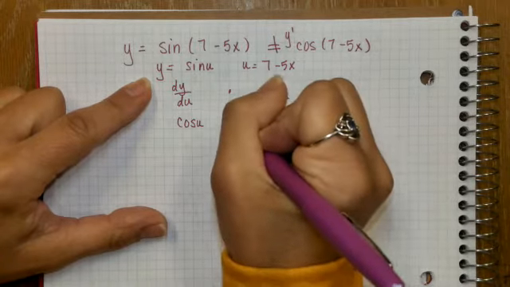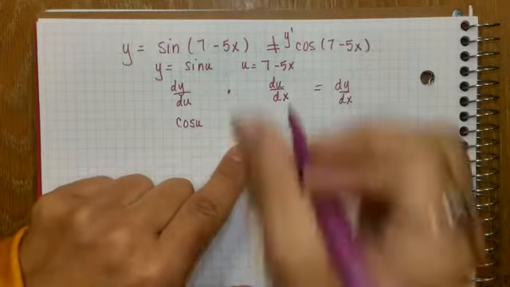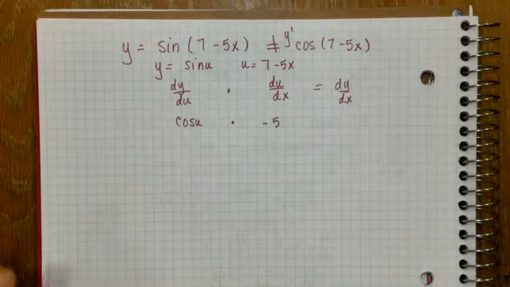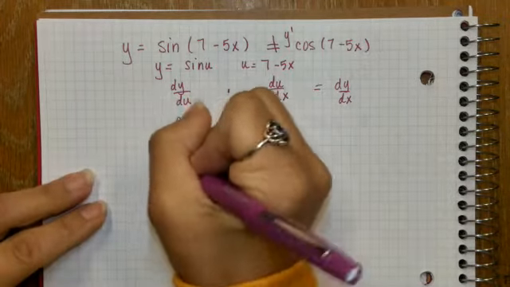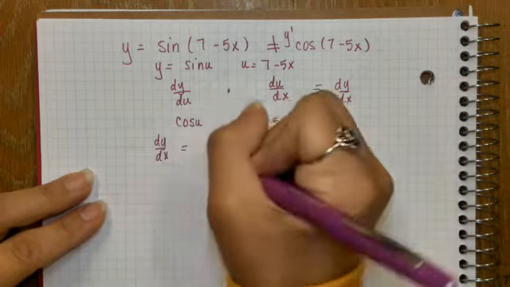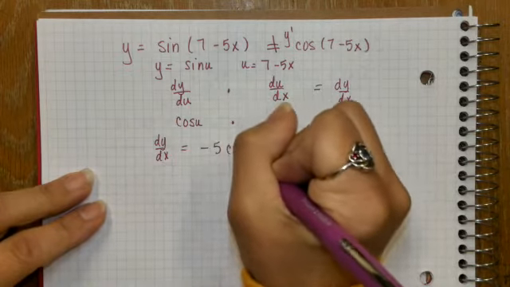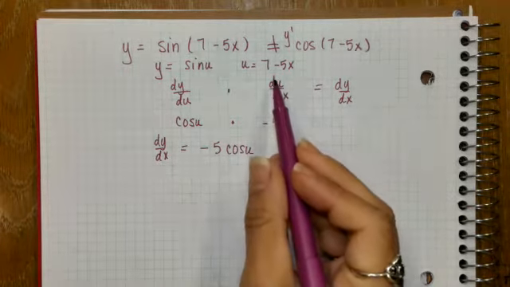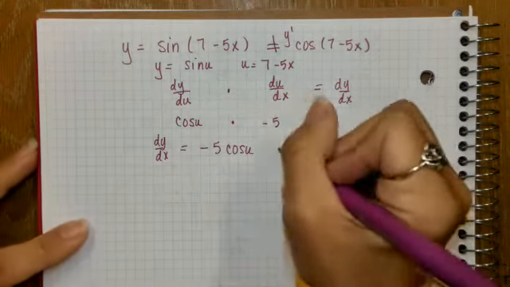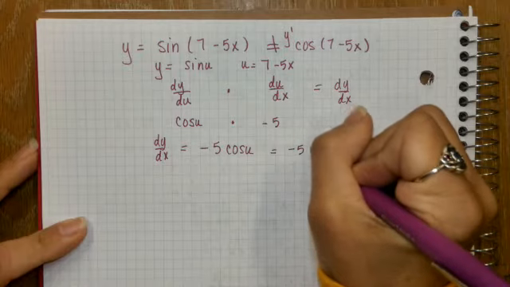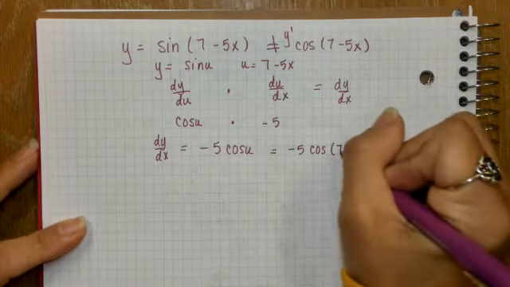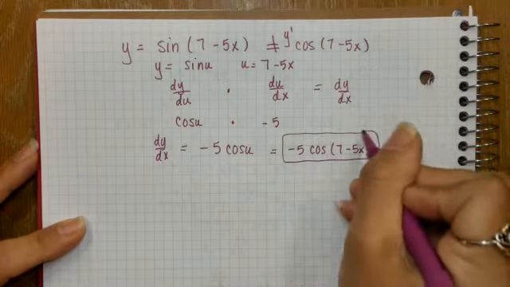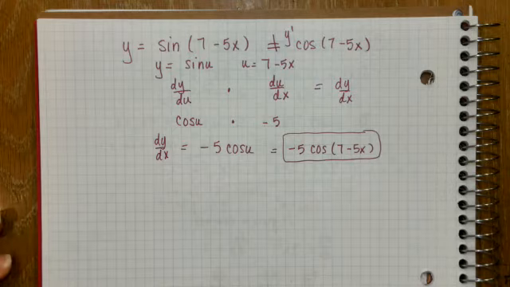And the derivative of u with respect to x, I believe, is -5. Hopefully I didn't mess that up, but I'm pretty sure it's good. So dy dx, y prime, is equal to -5 times the cosine of u. But I know u is 7 minus 5x. So I can do a substitution here and say that this is -5 times the cosine of 7 minus 5x. And that is the derivative of sine 7 minus 5x.